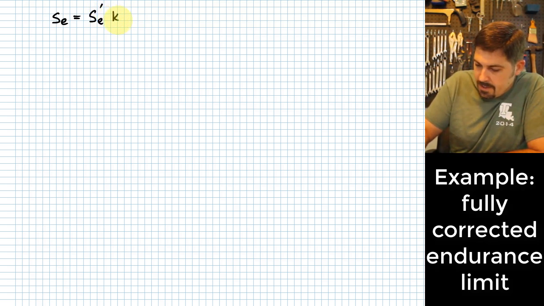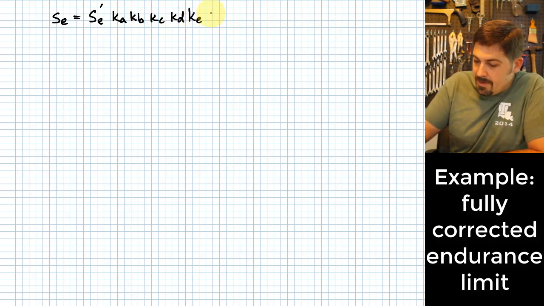So Ka, Kb, Kc, Kd, Ke, and I think they maybe even had a Kf, and each of these had some kind of a meaning.